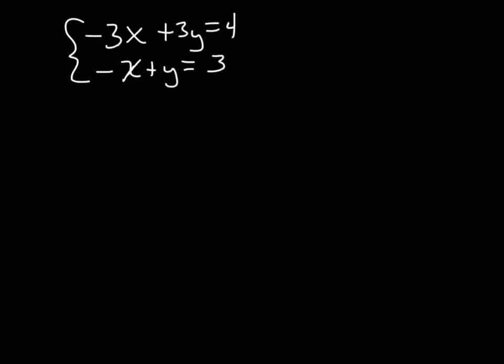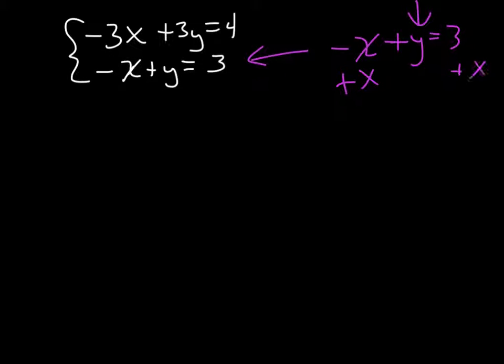Finally, in this last problem, notice how simple this equation looks. If I have negative x plus y equals 3, I'm going to solve for the y value because when I move the x over to the other side, it becomes positive. So the x's cancel out.